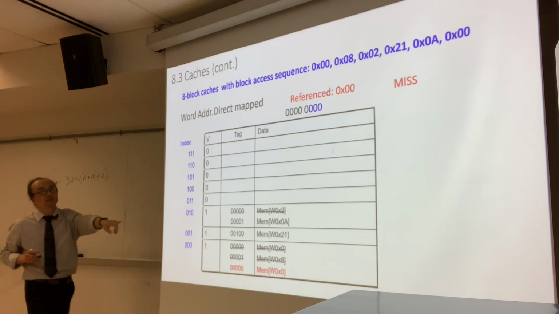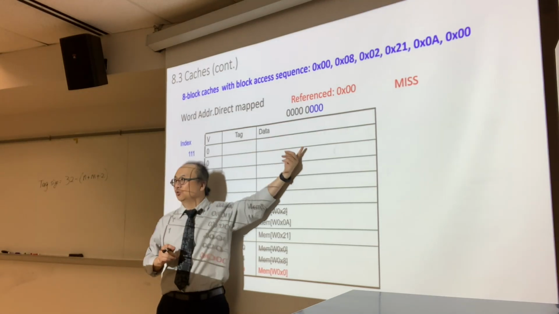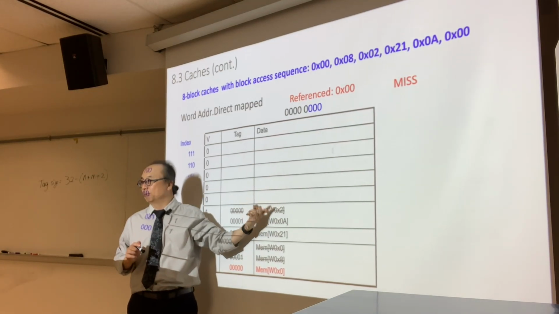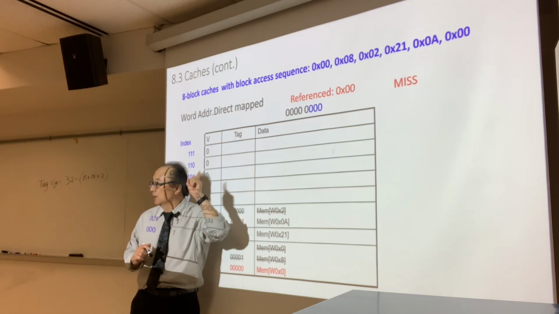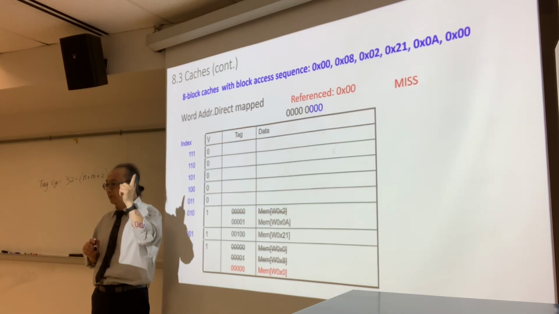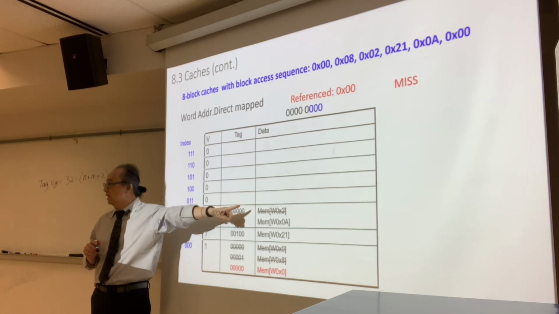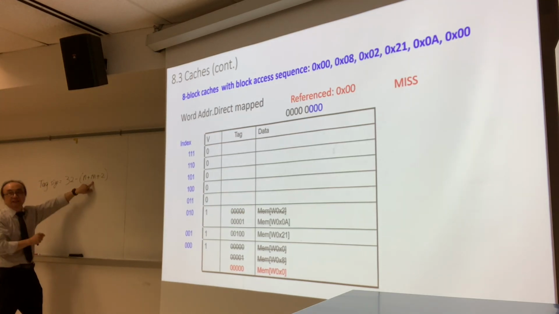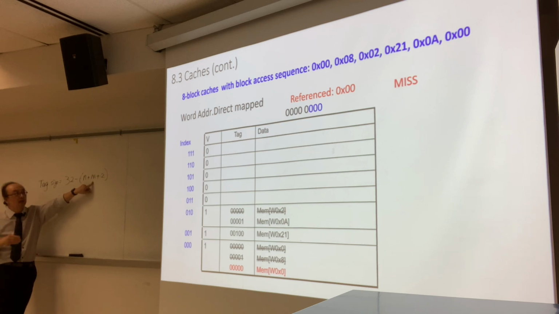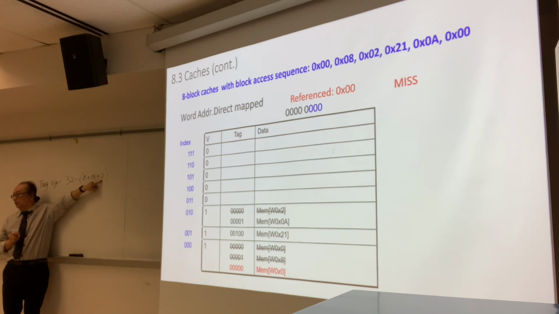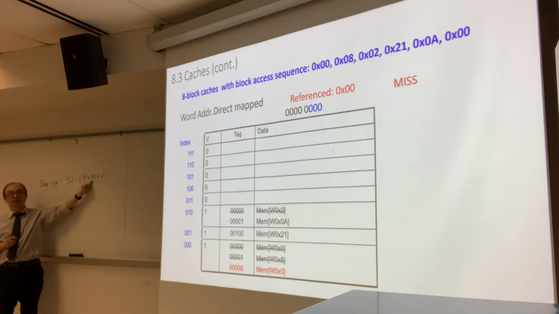If I say there are 2 words in a block, then we still dedicate 1 bit for the offset. Make sense? However, this 2 is from the byte addressing. So if you are using word addressing, this is going to be 0. Still we need this m, because if I say 4 words in a block, then you need to dedicate 2 bits for the offset.